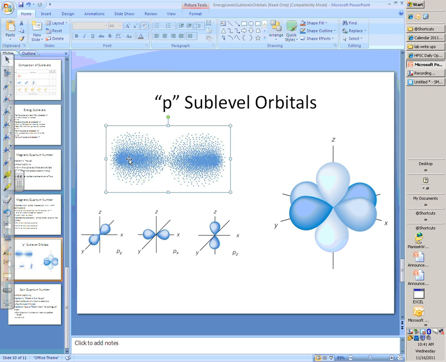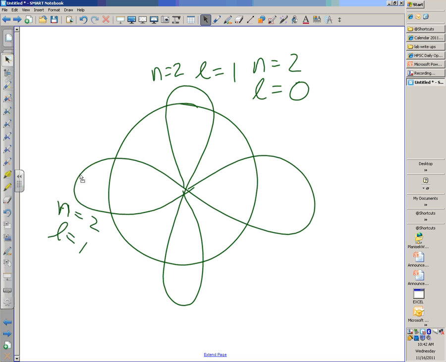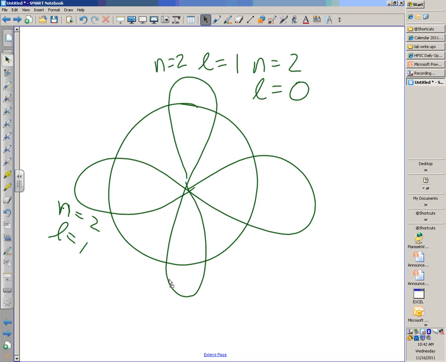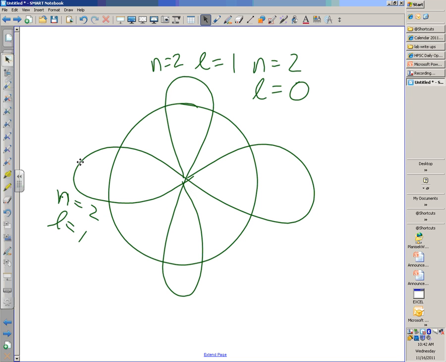The whole figure 8 is the p orbital. So, if we go back to this picture, this is all happening in the same principal energy level. But there are different sublevels there. We have to distinguish this one from this one, and that's where the M value comes in.